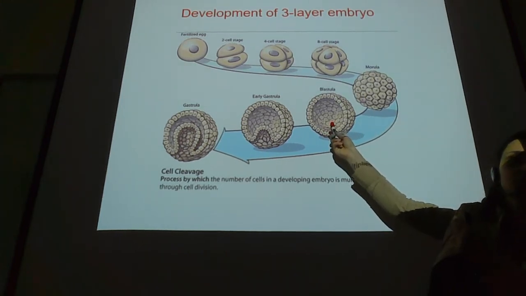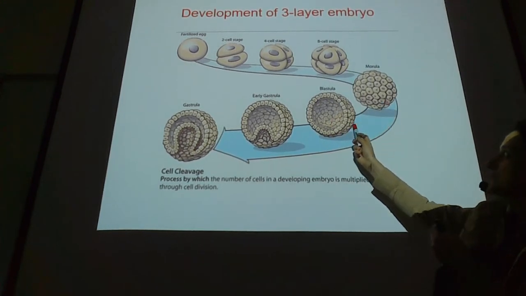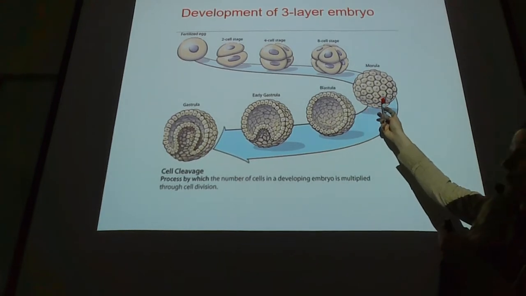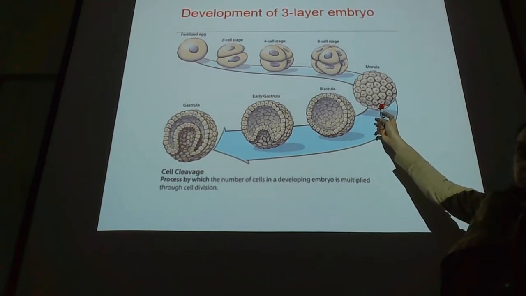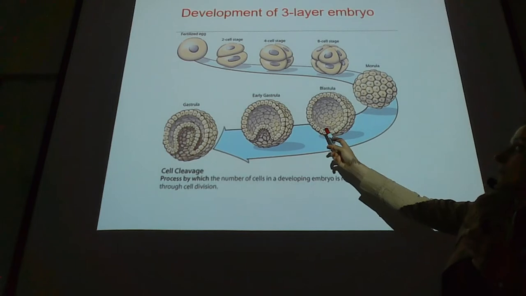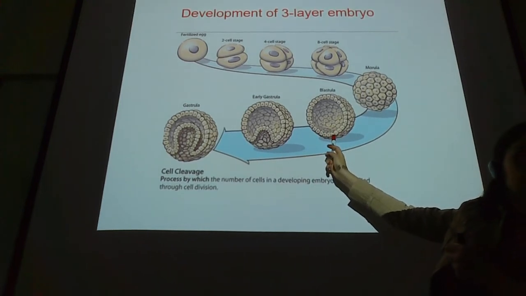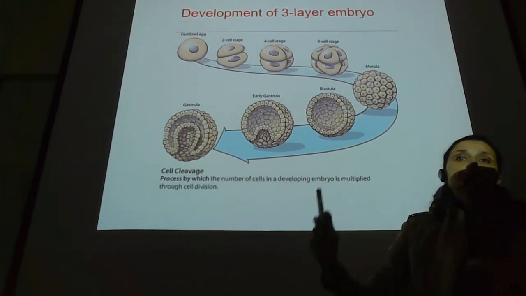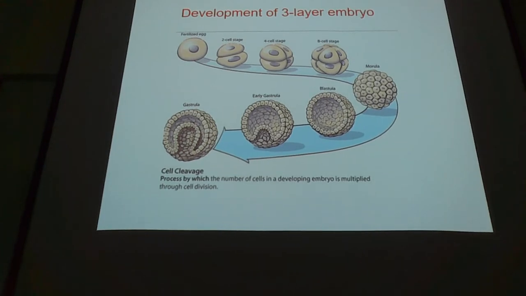This is hollow. So you're a blackberry and then a raspberry. The blackberry is morula. When you become a raspberry, you're named blastula, okay? You and the sponge both look the same here, okay?